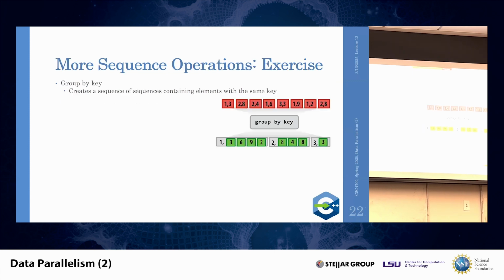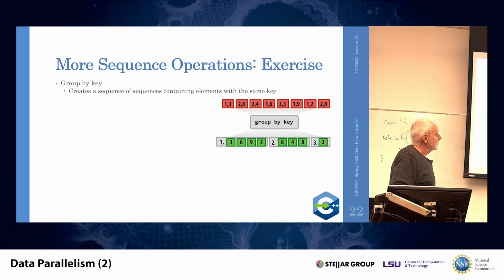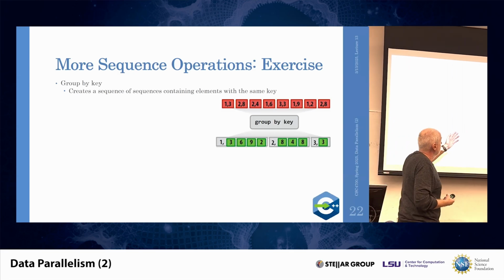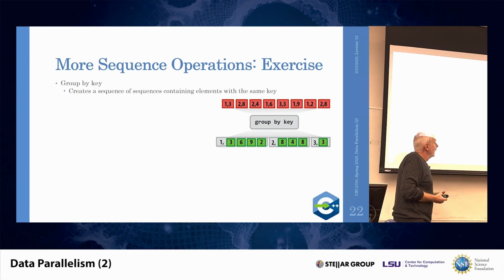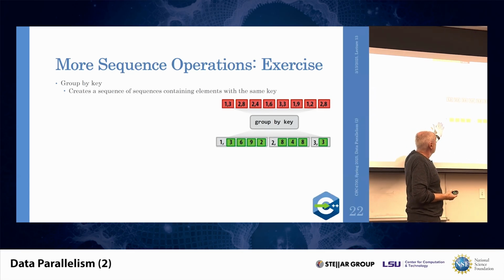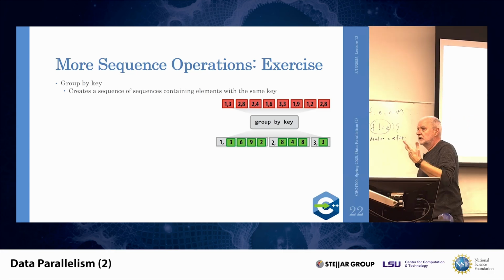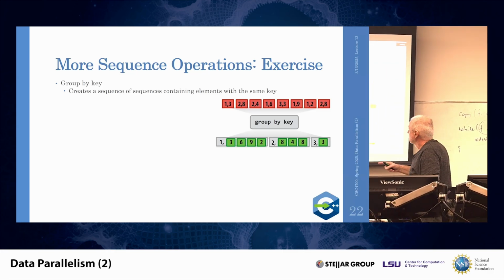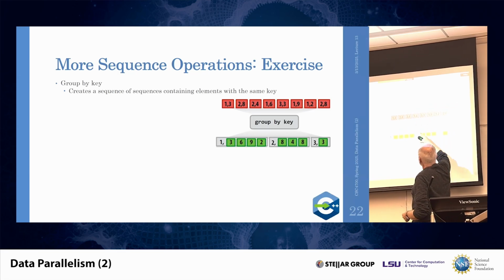So an exercise for you. There are more sequence operations, obviously. One is called group by key, where you have an input sequence that contains pairs, the key and the value. And what you want to get out of it is a sequence of sequences, where each sequence contains all the values that belong to the same key. So the 1 has a 3, the 6, the 9, and the 2.